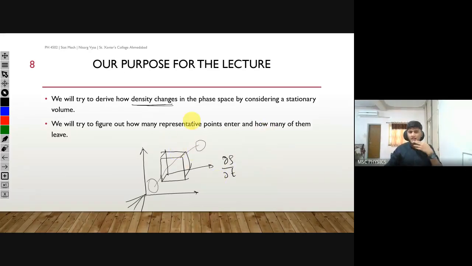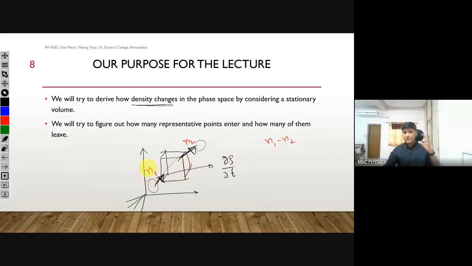We want to know del rho by del T. And how will we figure it out? How many representative points enter inside the system, and how many representative points leave from the system? If there are n1 points entering into the system and n2 points leaving outside the system, then n1 minus n2 will give us how many points are still there inside the system per unit time.